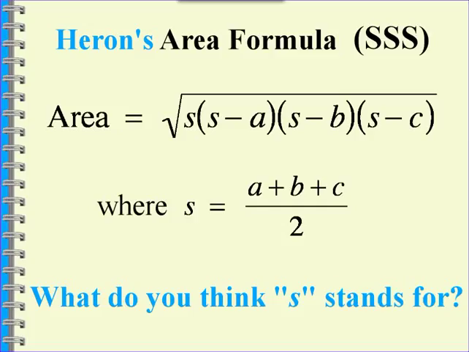As you're writing that down, I want you to think about what S stands for. Look at S. Do you notice anything in the formula for S? Half the perimeter.